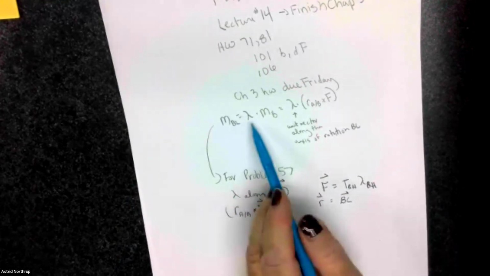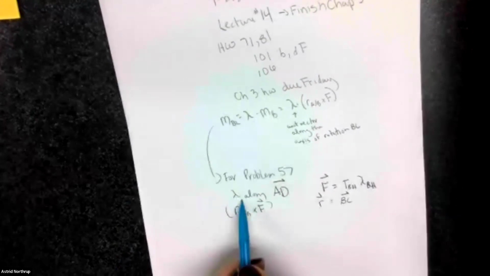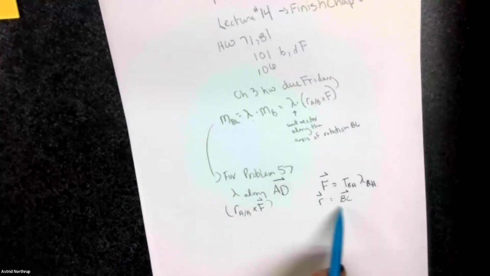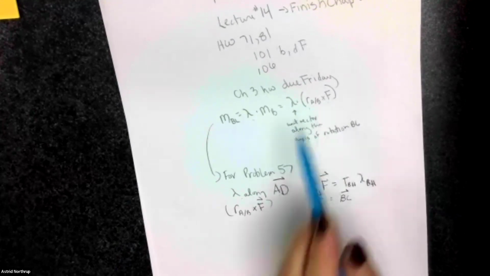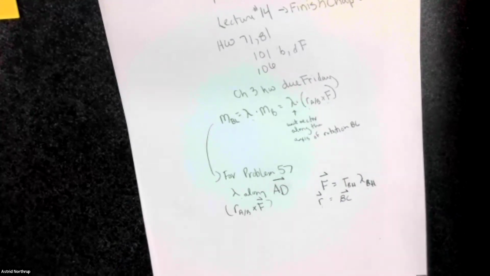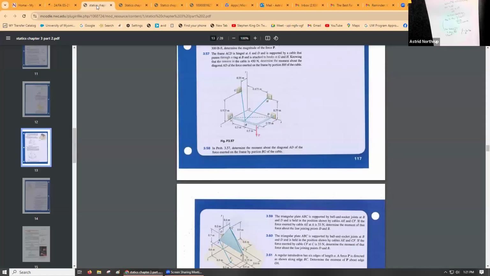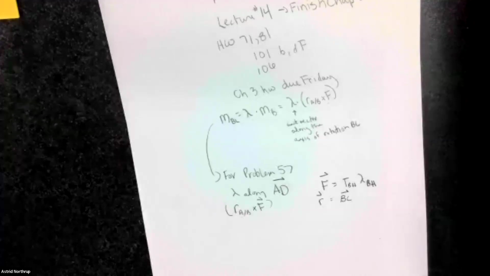So we need to get lambda along AD, and we need to get R, which is just the vector BC, and we need to get the force, which is the tension times this. So if we go back, we're going to have some things that we need to work out based on those locations. All right, let's take a look at that.